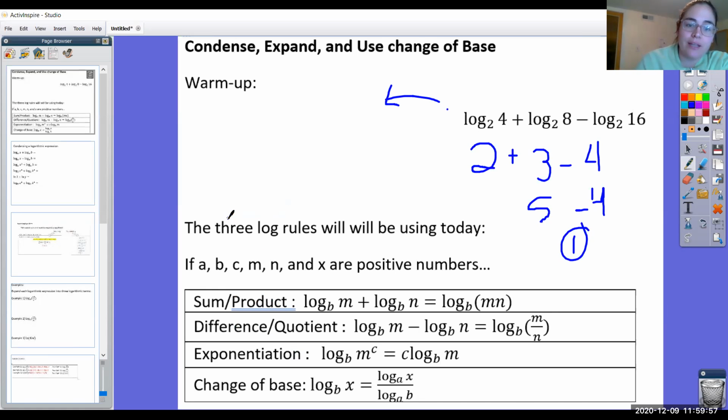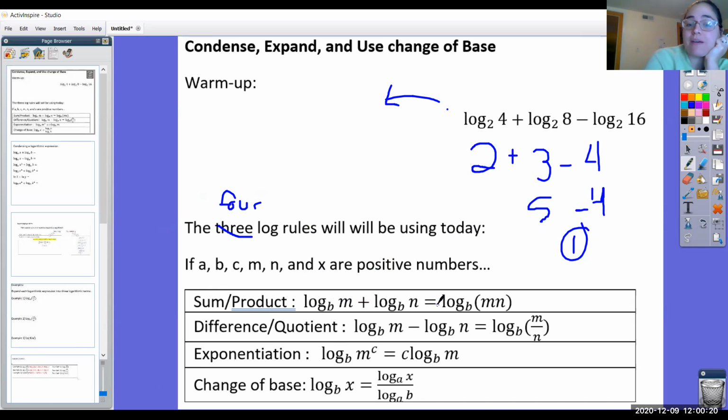Okay, so the 4 log rules that we're going to be using today will be these 4 rules. So the sum product: if 2 terms have the same logarithmic base, base b, log base b of m plus log base b of n is equal to log base b of m times n. There's also the difference quotient rule.